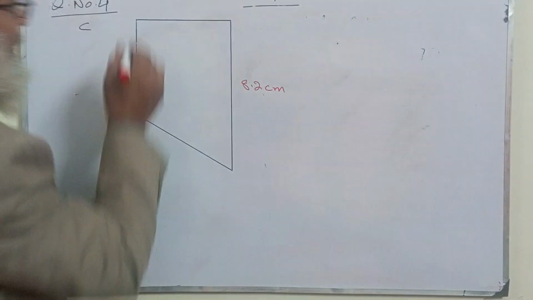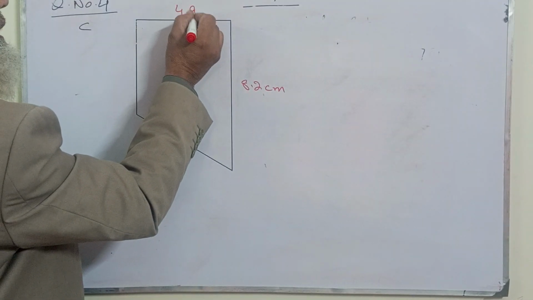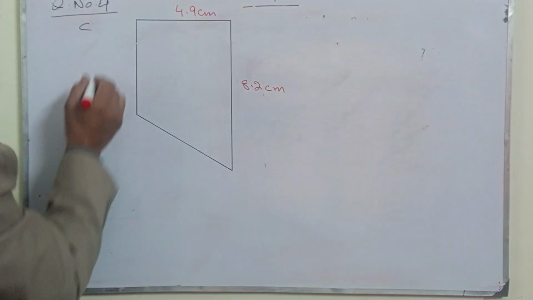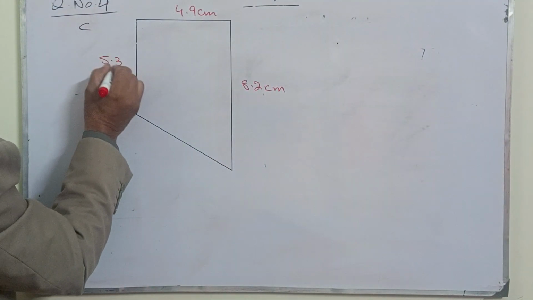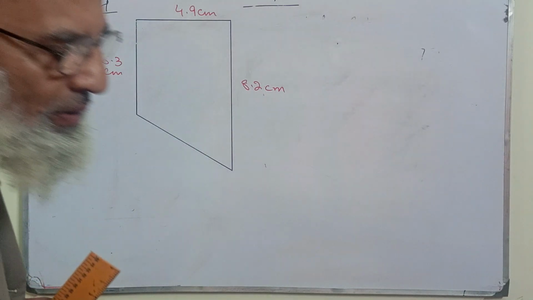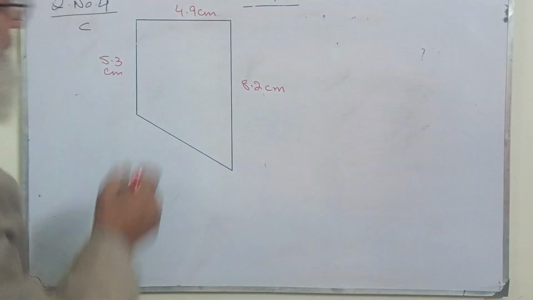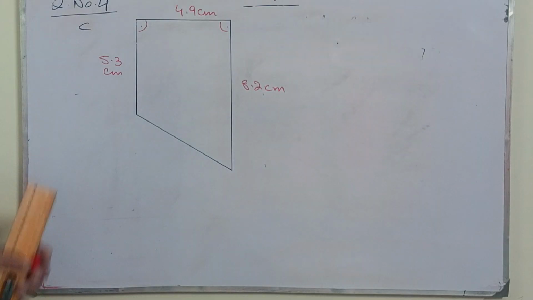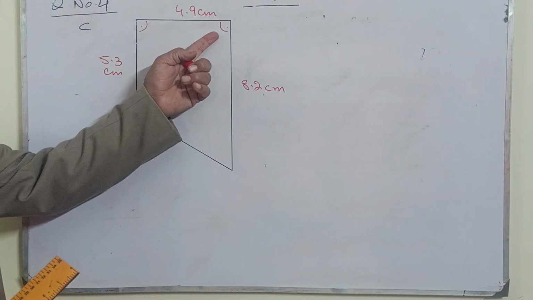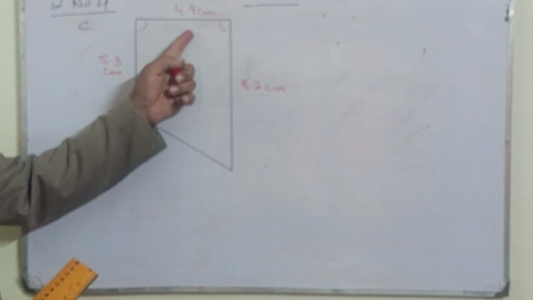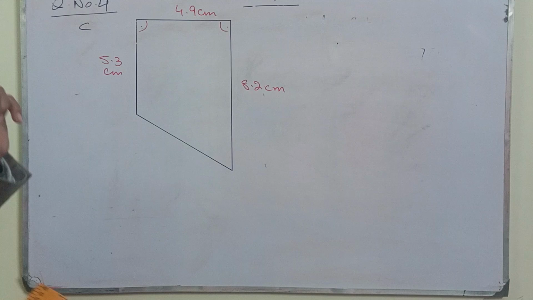This is 4.9 cm and 5.3 cm. Only these three are given, plus two right angles are also given over here. This side is 8.2, this side is 4.9, this is 5.3.